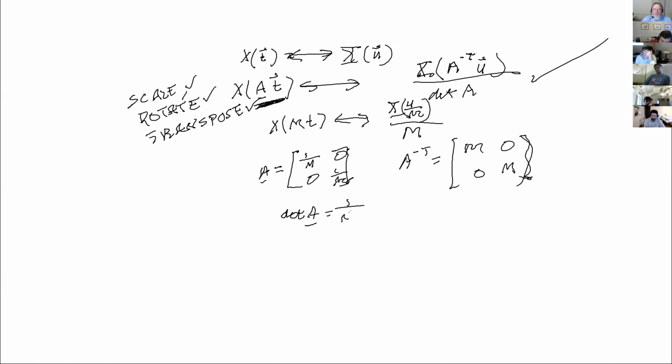It's equal to 1 over m squared, right? If we're scaling a circularly symmetric function. So 1 over the determinant of A is equal to m squared. And so that's where Glauco got this result that we saw here, okay?